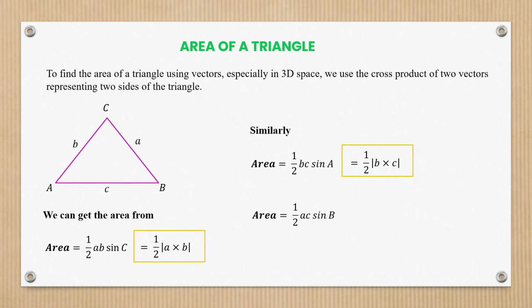Then also likewise, if we pick the vertex capital B, we can have area is equal to a half times A, C, which are the adjacent vectors to this, and then sine capital B, which can also be represented as the vector product of A and C, and that's the third formula. So this is actually how we find the area of a triangle.